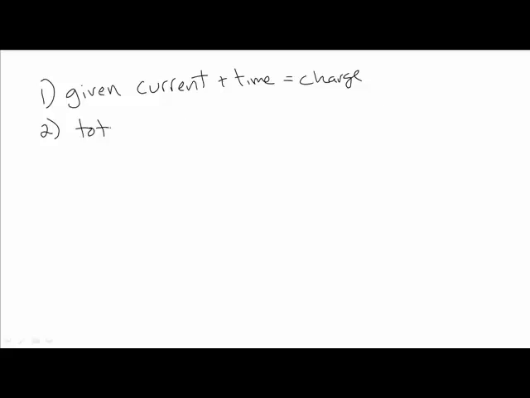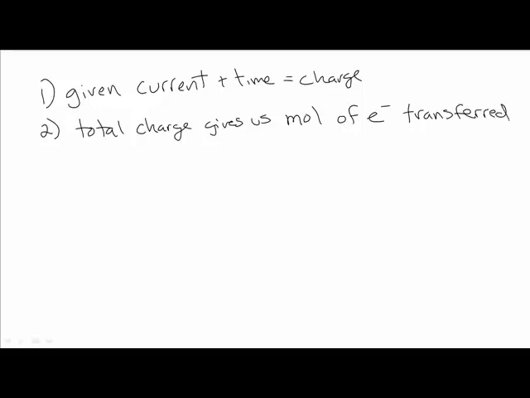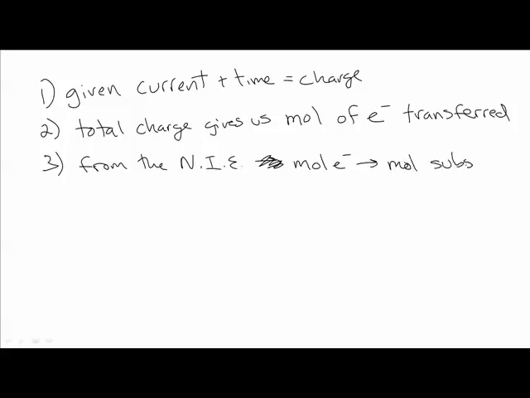So our total charge gives us moles of electrons transferred. From the net ionic equation, the one I just gave you above, because we only care about the aluminum, we can go from moles of electrons to moles of substance, whatever that substance may be.